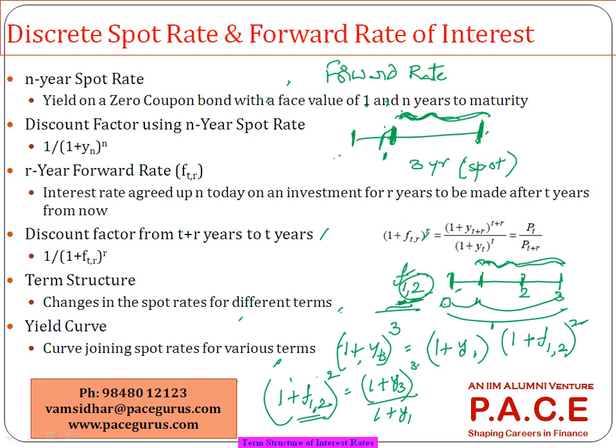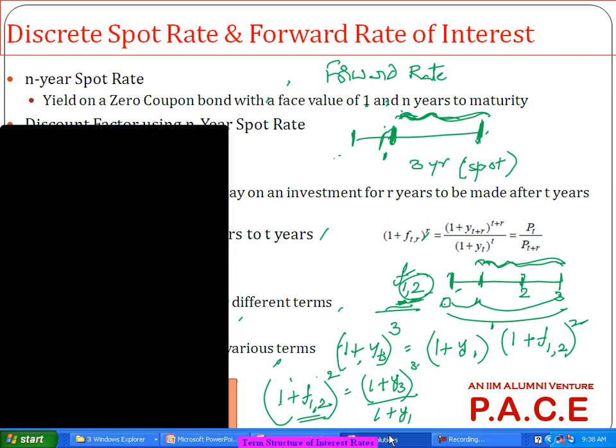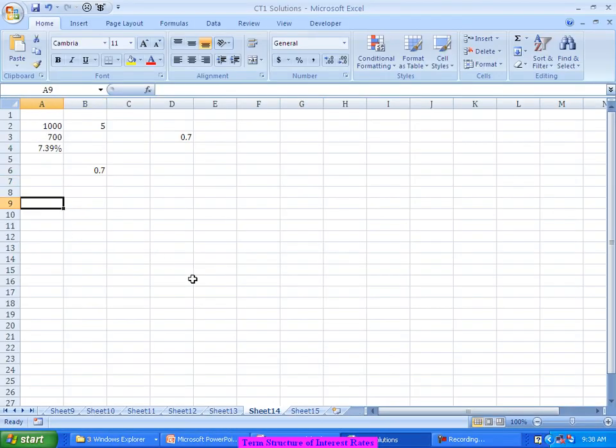A simple example would make things easier for you. Let's say a 1 year spot rate is given as 7%, and a 3-year spot rate is given as 8%. What does that mean?